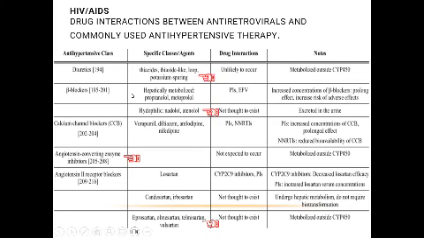So in HIV with hypertension, don't use metoprolol and propranolol. Whereas when you use atenolol in an HIV patient, there is no drug interaction between atenolol and your HIV therapy. That's why the second indication to use atenolol in hypertension is HIV with hypertension.